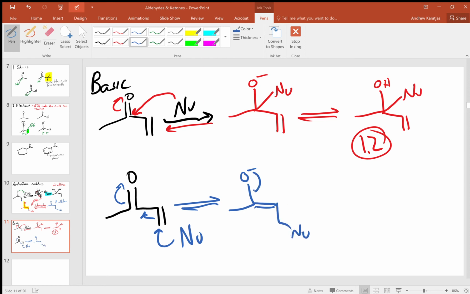And then the carbonyl reforms. These pi electrons go and grab a hydrogen from somewhere, typically the solvent. And again, we get the same 1,4 product that we saw under acidic conditions.